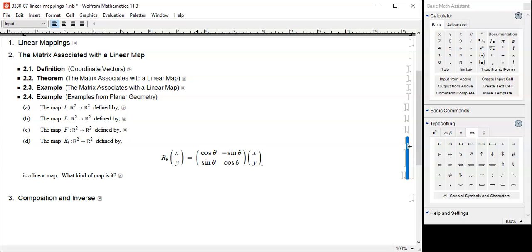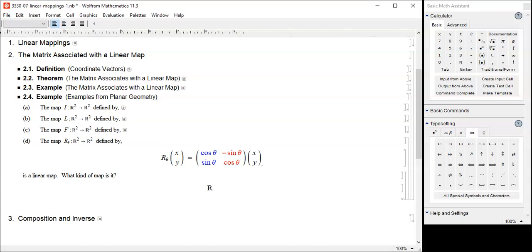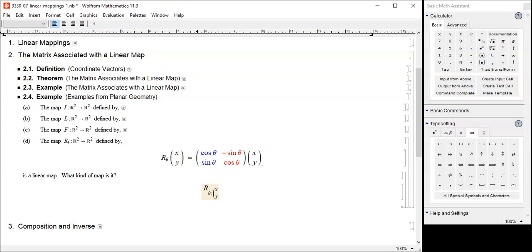Here's the next example. E1 is going to (cosine of theta, sine of theta). E2 is going to (negative sine of theta, cosine of theta). That's basically it. Sorry about that. Okay, (1, 0) is being sent to where?